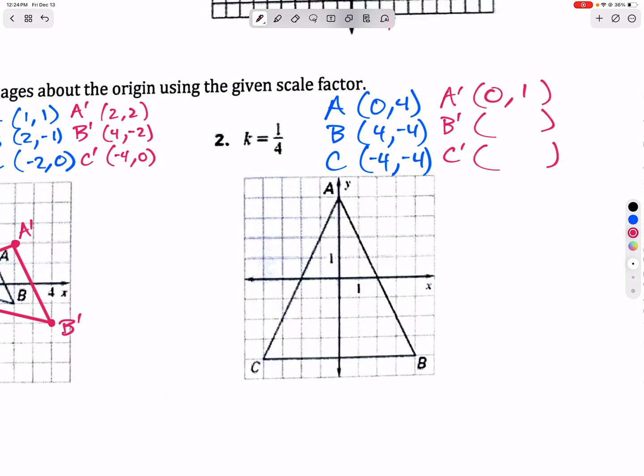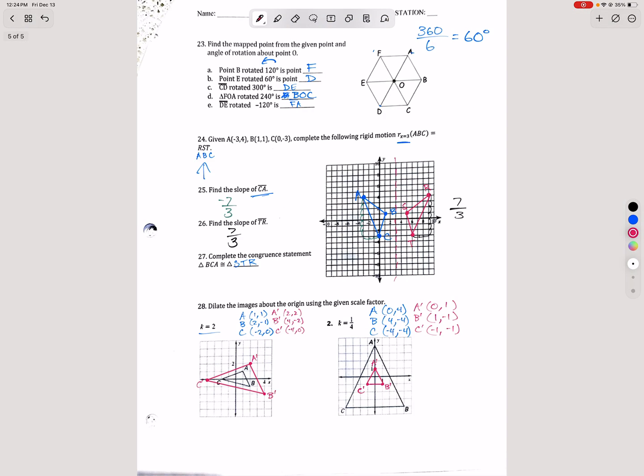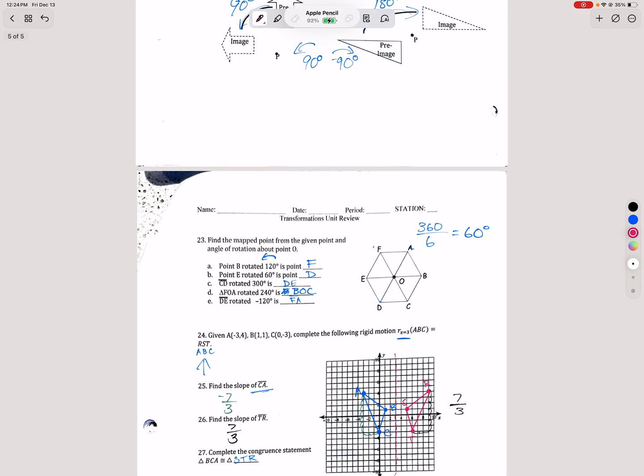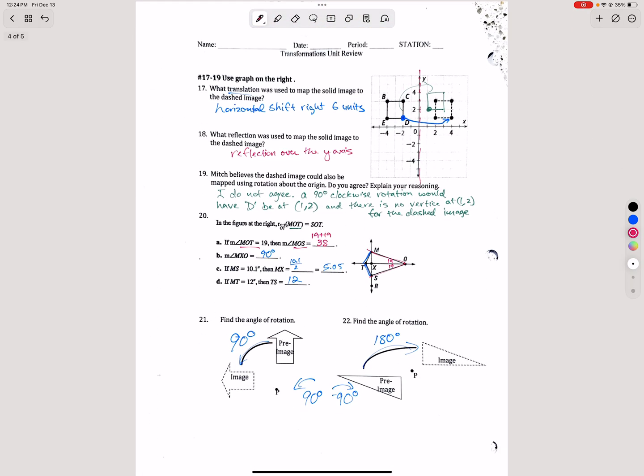So 0, 1. We got 1, -1, -1, -1. Let's plot them. A prime, B prime, and C prime. Okay. Done.